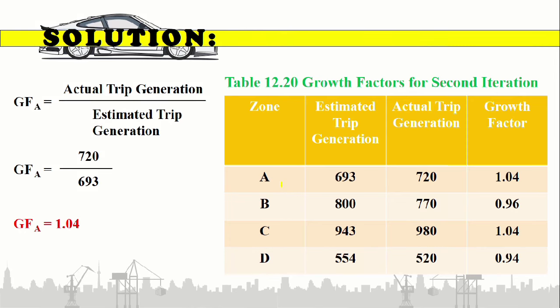So, for example, yung trip generation dito sa zone A is estimated as 693 trips, while yung actual trip generation niya is 720 trips. So, kaya naman, according to dito sa growth factor model, the calculation for the second iteration are left to the reader to complete, and the process can be repeated as many times hanggang sa yung estimate and actual trip generation values are close in agreement.